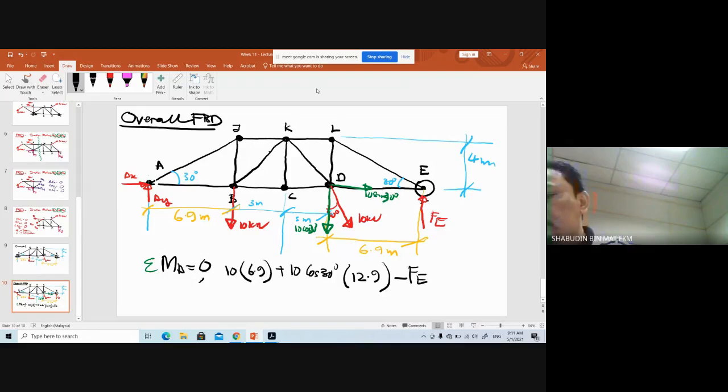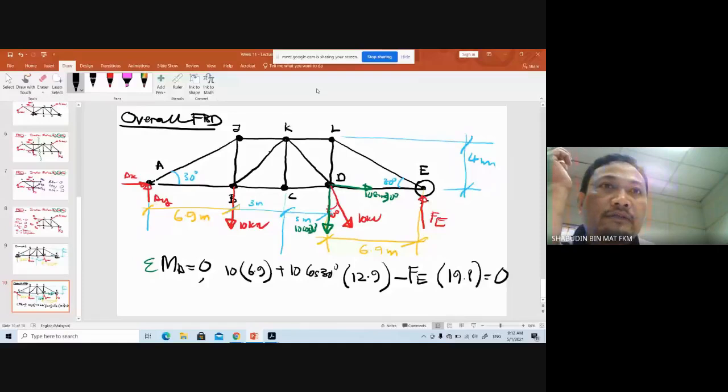Calculate for me: 6.9 multiplied by 2 plus 6, that equals 19.8, equal to 0. Then you will get your FE.